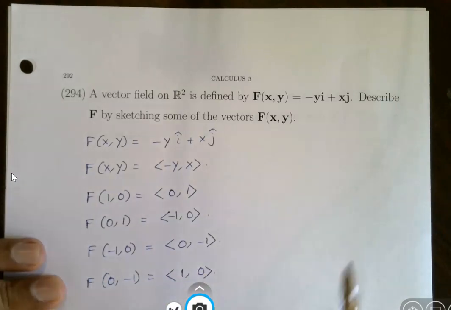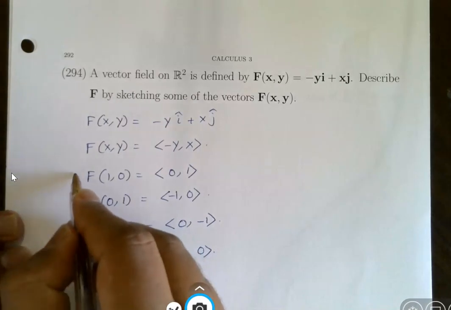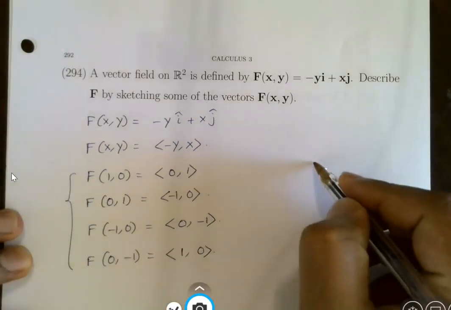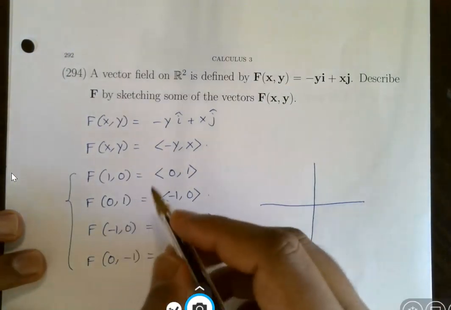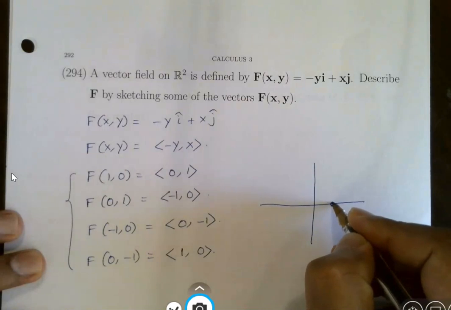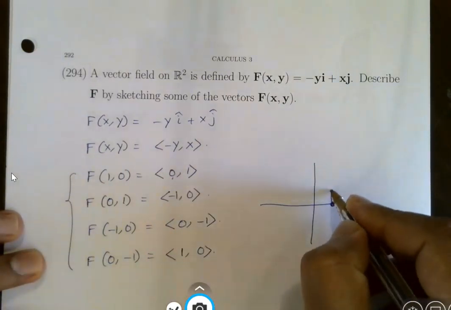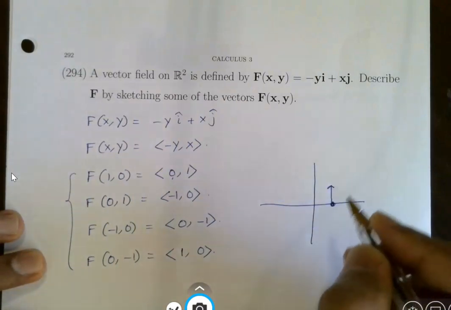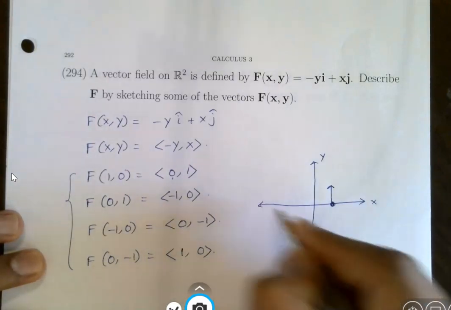Okay, so now this is how you define it. I just picked, you could have picked any number of points. I picked 4 because this is a two-dimensional vector space, I just picked 4 points on the axes. So at 1, 0, your vector field is pointing to 0, 1. So that means it is like that. This is the x-axis, that is the y-axis.